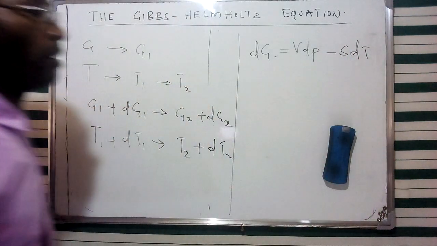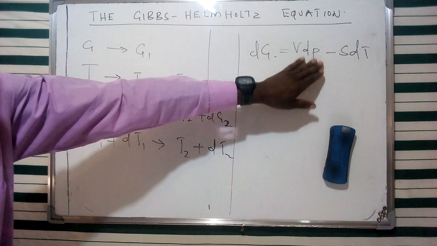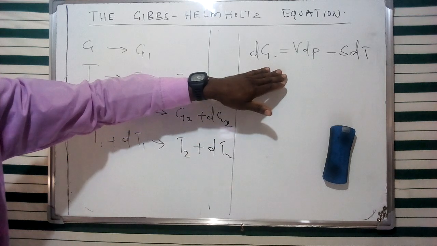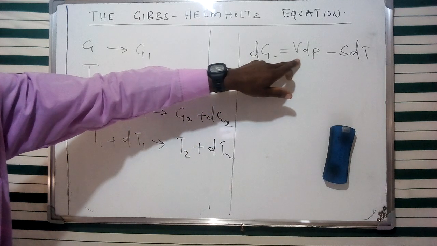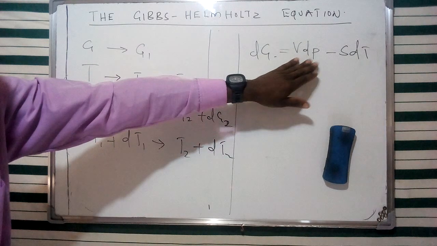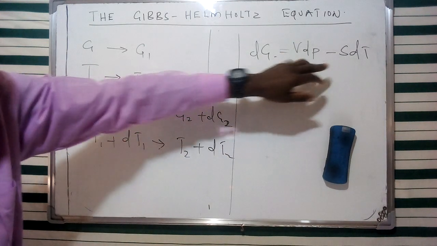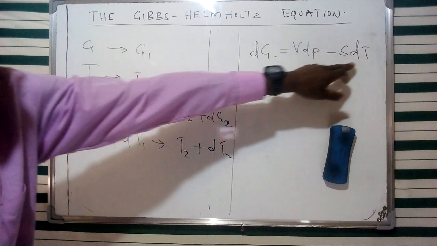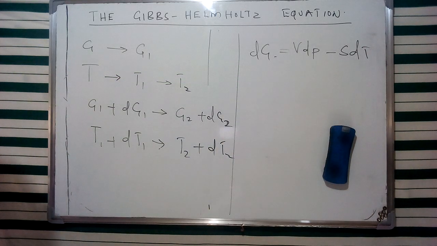So this was a general representation of the Gibbs free energy, under constant volume and entropy. And we're going to see that there's going to be variation of pressure and temperature in this particular case.